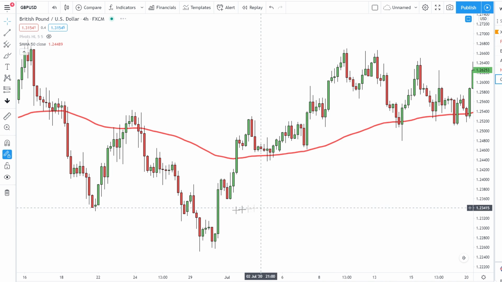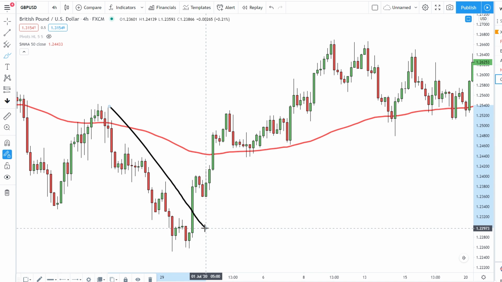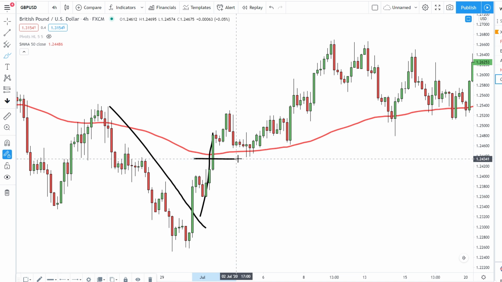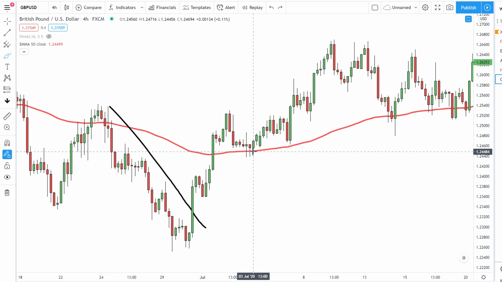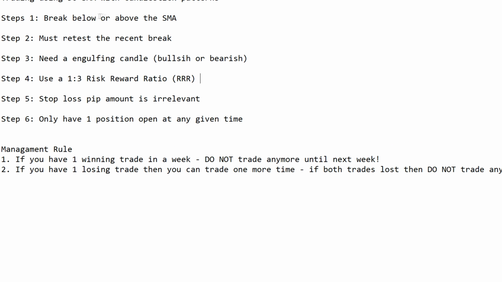So what we have here, let's say for instance here, so we had this down movement and then price came here, it broke above the 50 SMA, and what we're looking for is a retest with a bullish engulfing candle. Let me remove that. So we had a break above the 50 SMA and we're waiting for a retest.